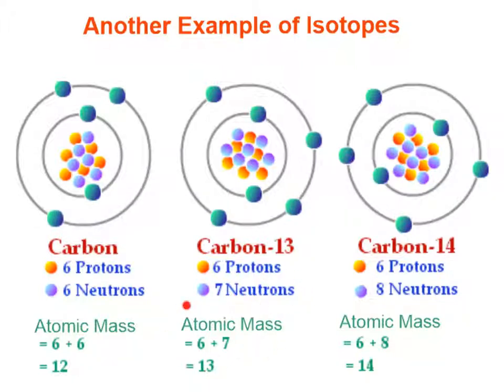So its atomic mass is 6 for the number of protons, which of course stays the same for every carbon atom, plus 7 for the atomic mass of the neutrons. That's 13 atomic mass units. We call that carbon 13. Carbon 14 has 8 neutrons. 6 plus 8 gives us a mass of 14 atomic mass units.